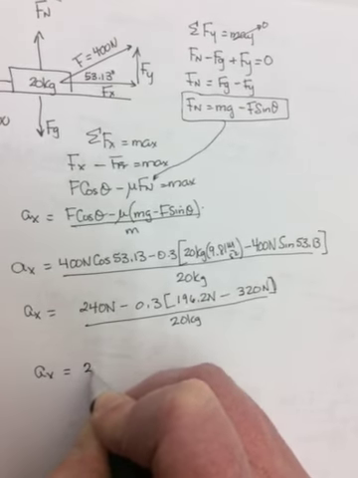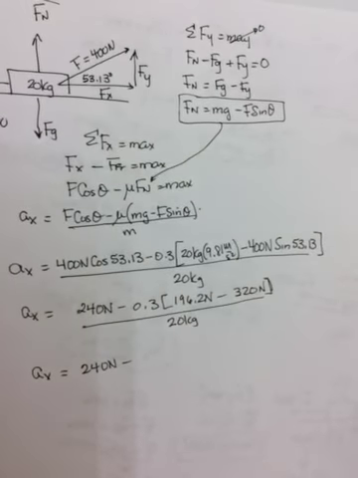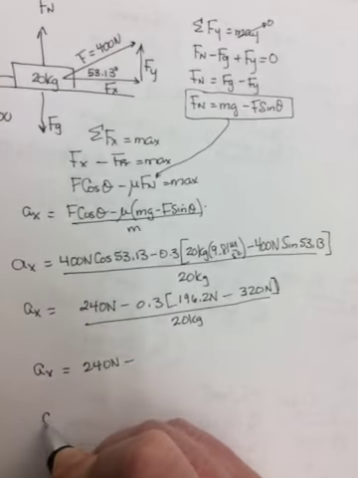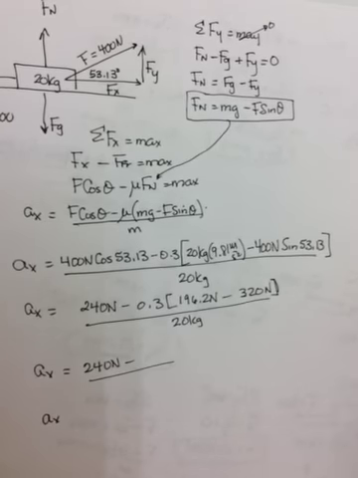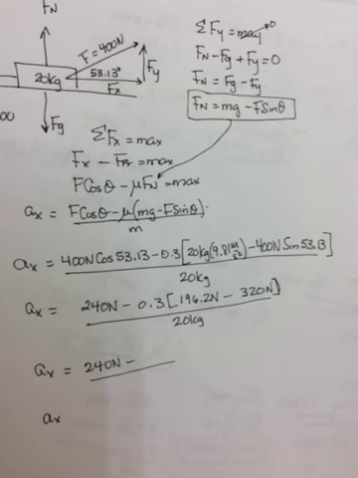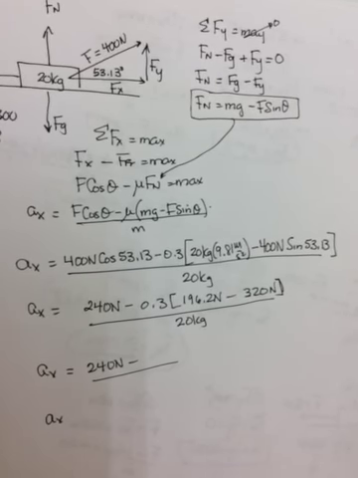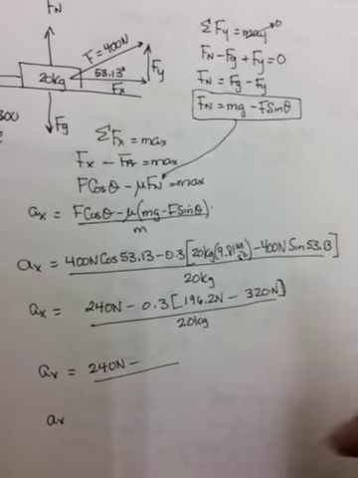Ax is equal to 240 newtons minus, so this is... actually, I'm probably going to just save time. Minus brackets 0.3 times brackets 196.2 minus 320, close the bracket, close the bracket.